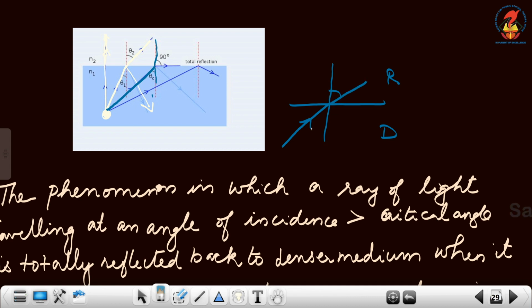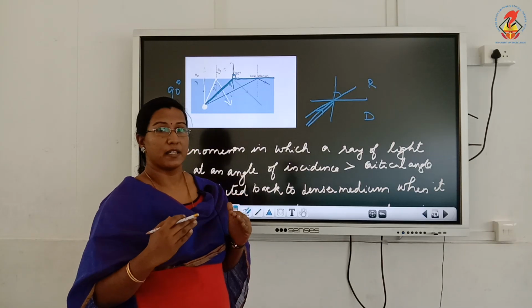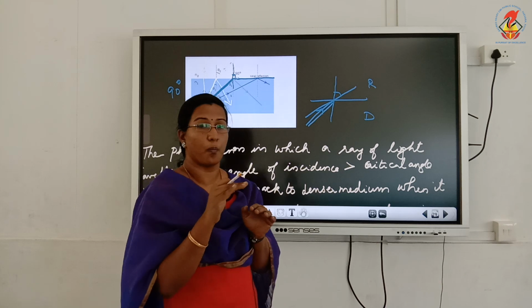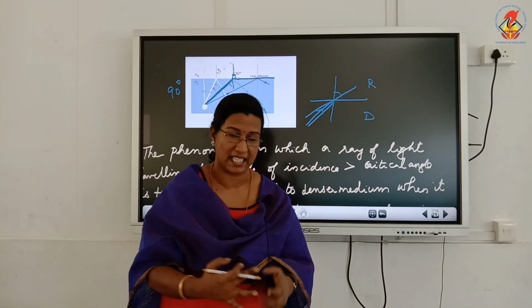If I increase the angle of incidence again, the angle of refraction will keep on increasing, and there reaches an angle of incidence for which the refracted angle will be 90 degrees, and the ray will just graze or pass along the surface of the medium.